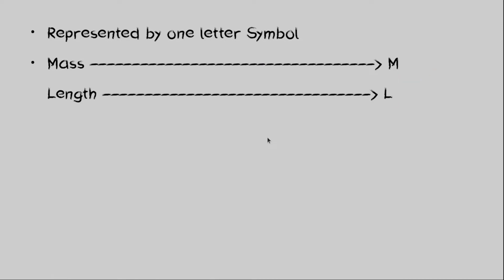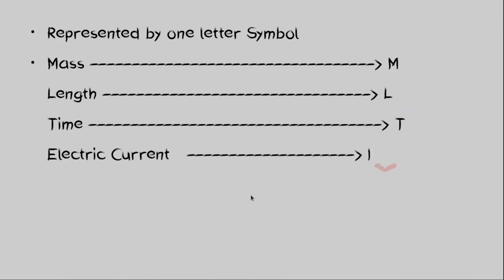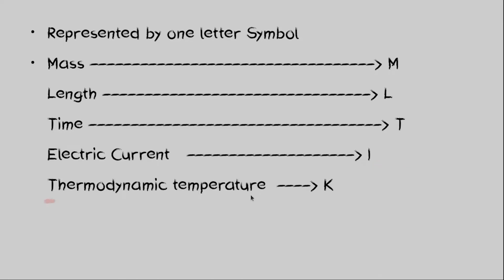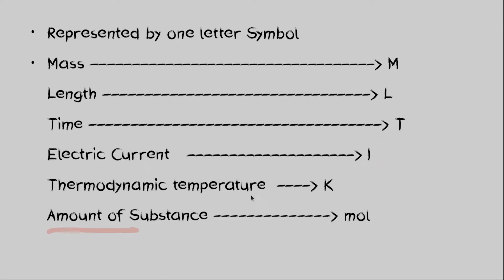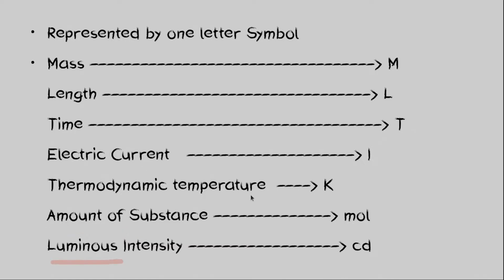For convenience, the fundamental quantities are represented by one letter symbols. Generally, mass is denoted by M, length by L, time by T, and electric current by I. The thermodynamic temperature, the amount of substance and the luminous intensity are denoted by the symbols of their units, Kelvin, mole and candela respectively.